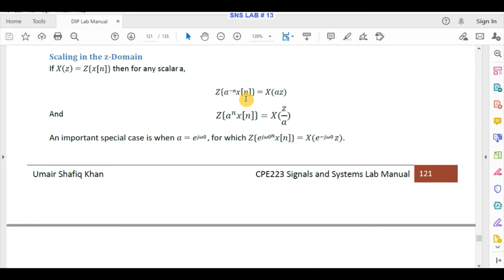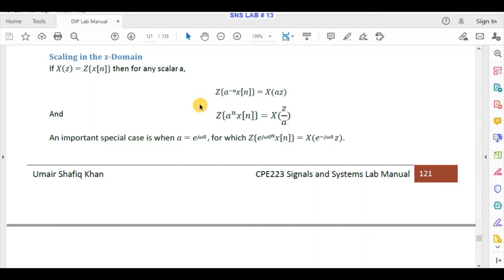If we multiply our signal x of n with a power minus n, in that case our signal in Z domain will be compressed, or here we can see the expression X a of z. And we know if we multiply a scalar quantity, in that case signal will be compressed.